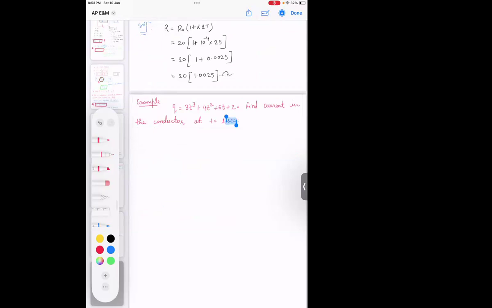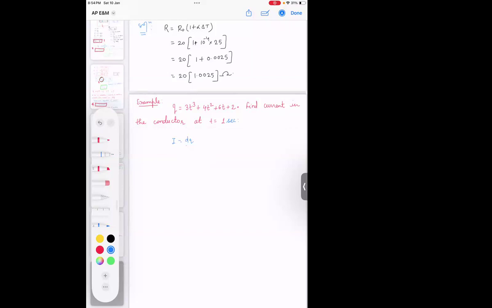So how do we calculate it? The current we can write as dq by dt. Charge as a function of time is given to us, so if we do dq by dt, we will get the current.